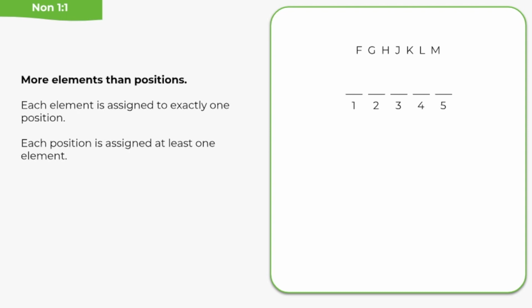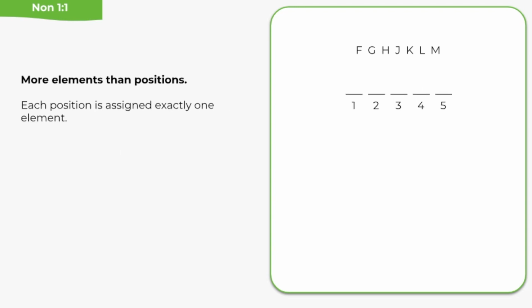If you have more elements than positions, and each element is assigned to exactly one, and each position is assigned at least one element, that means that some of those positions are going to need to have more than one element. And so what you might find is that you're going to need to be flexible, that it's not going to be exactly one element, one slot. Some of the slots are going to need to house more than one element.